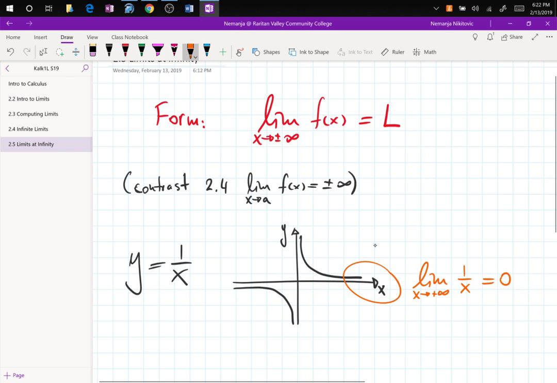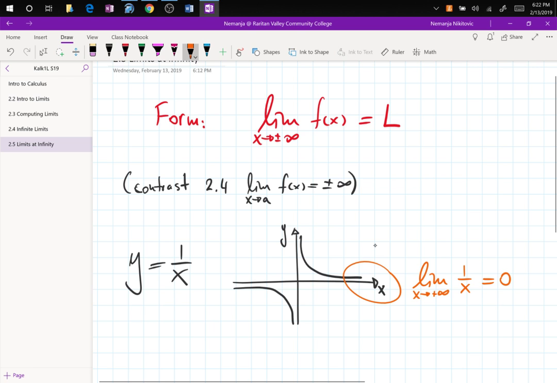Do we all see that the y value goes to 0? In the orange circle, you need to be able to pick that up extremely quickly. A glance, and you immediately know.